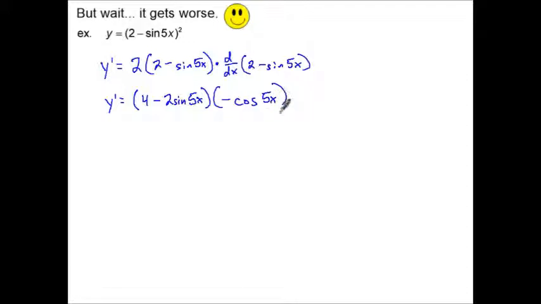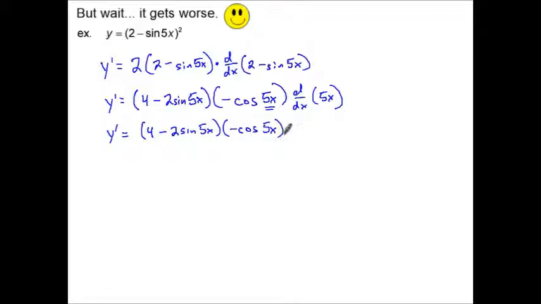But again, since that was not something simple, I need to do its derivative as well. Fortunately, 5x is an easy derivative. So y prime equals 4 times negative 2 sine 5x times negative cosine 5x times the derivative right there, which is just a nice simple 5.